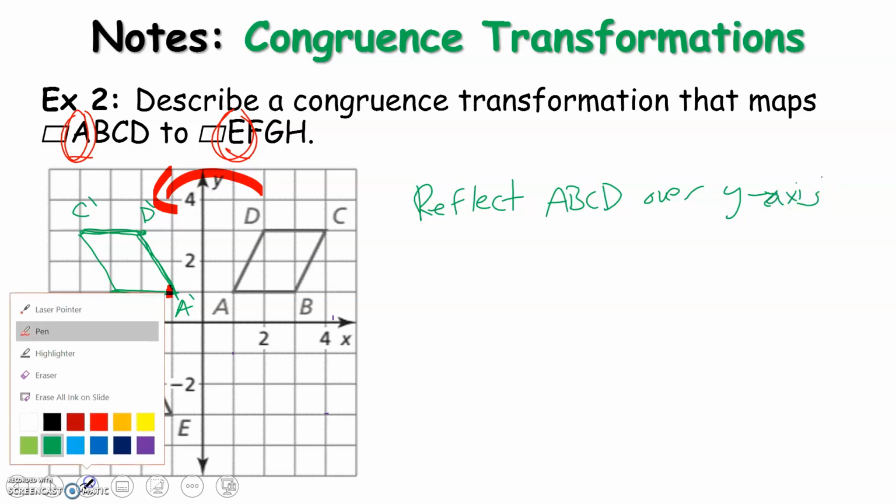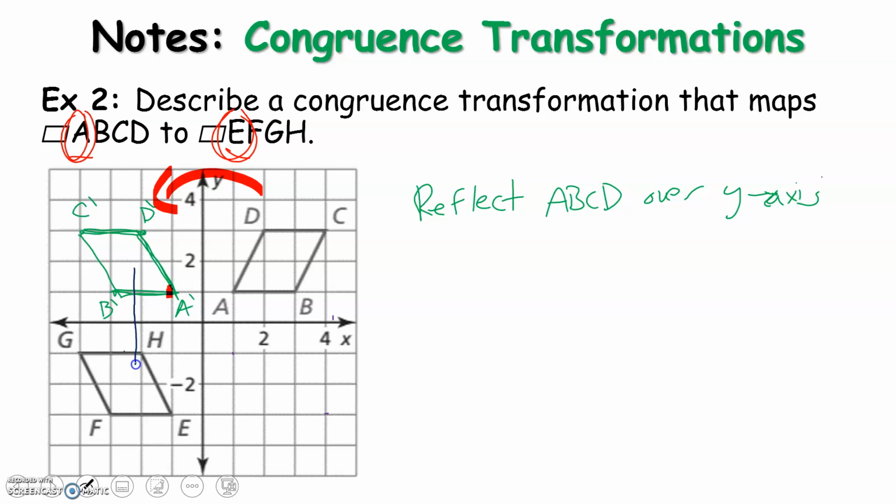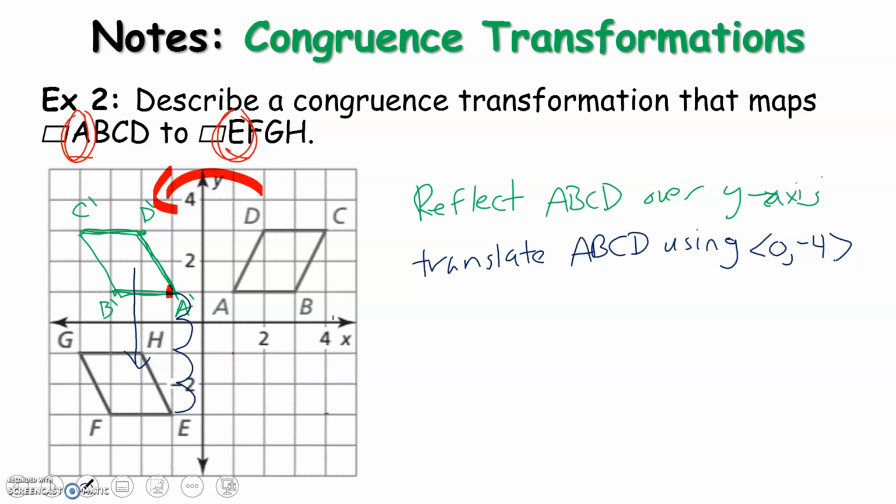And now we're going to translate it down. Let's see, 1, 2, 3, 4 units. So translate A, B, C, D using our vector. We're not going to move horizontally, so 0 and then down 4. And that will get us from ABCD to EFGH.